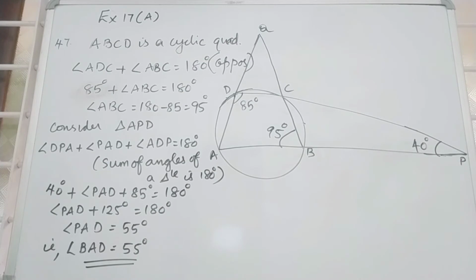Consider triangle APD. We have angle P as 40 degrees and D as 85 degrees. So how can we find angle A?